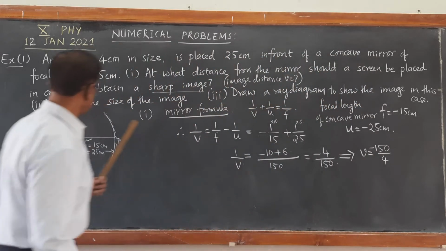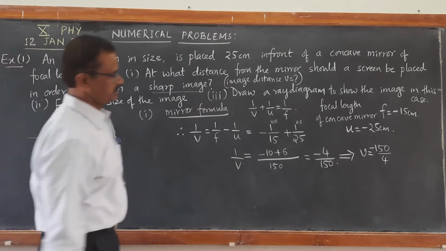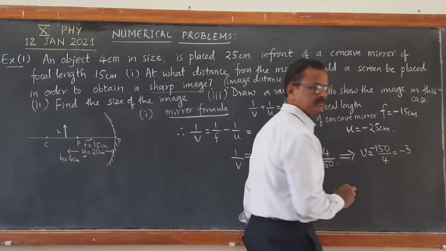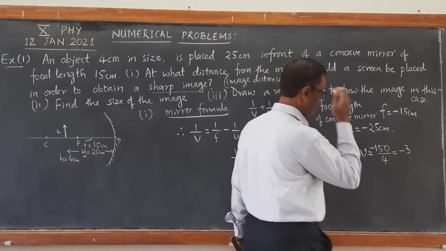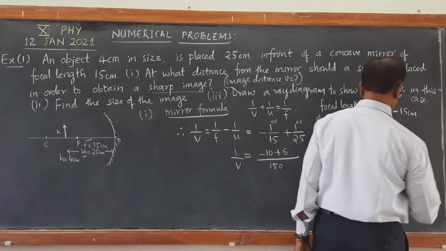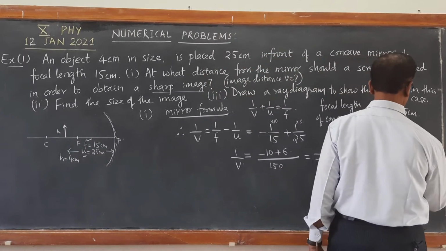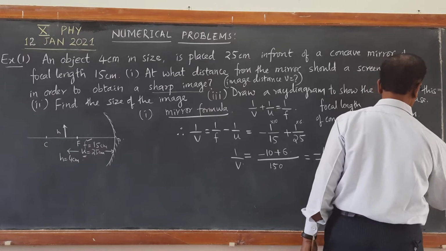Negative sign means the image is found on the same side. 4 3s are 12, 3 remains, 4 7s are 28, 2 remains, 4 5s are 20. So 37.5, with a minus sign.